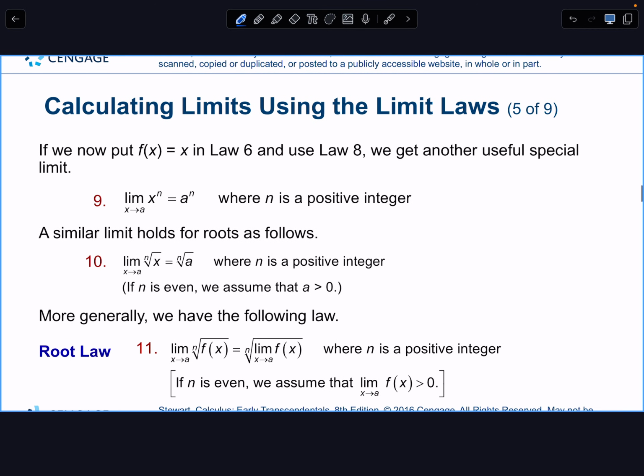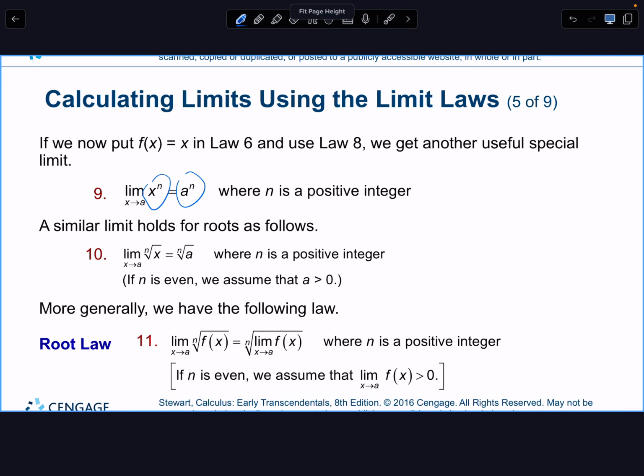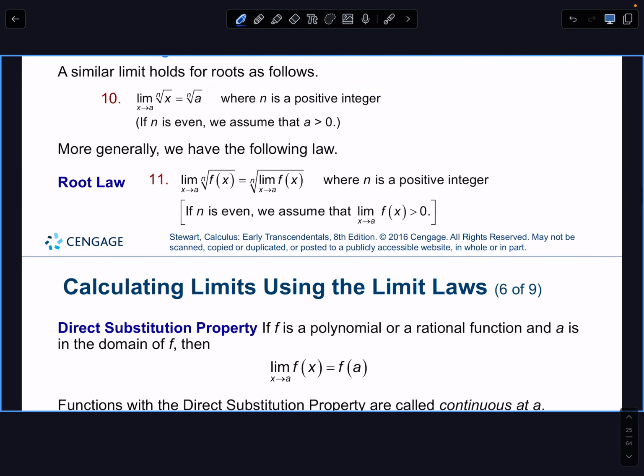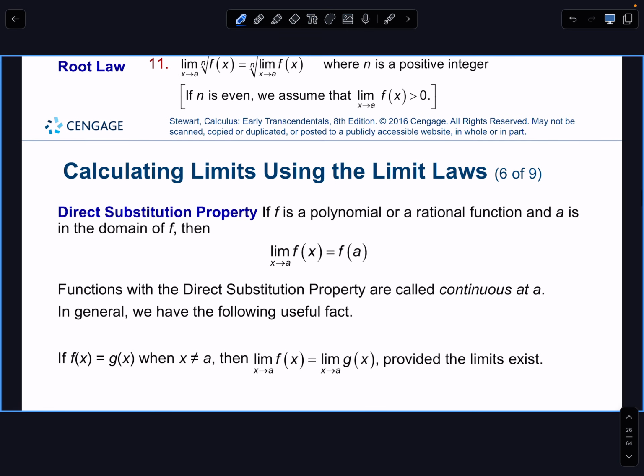And then here, basically what you're seeing is we're substituting a in, right? You see x to the n, and now you see a to the n. And that's a common thing that we do when we're solving problems in this section. We end up just substituting a in there, and that's what they're saying here, direct substitution.